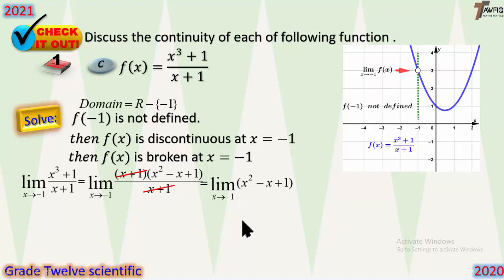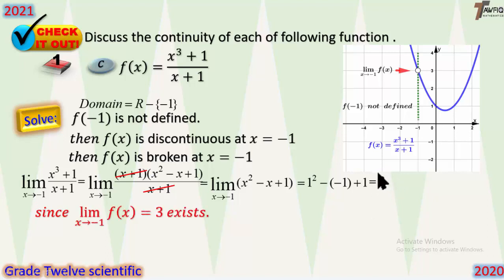Now replace x with minus 1, it becomes 1 minus minus 1 plus 1, that means 3. Because the limit exists, it is 3. Therefore, this discontinuity is removable.